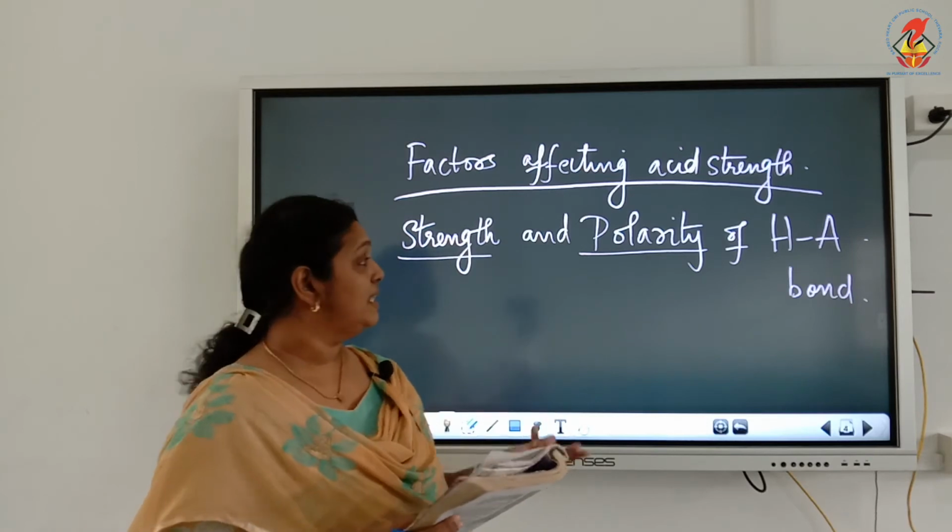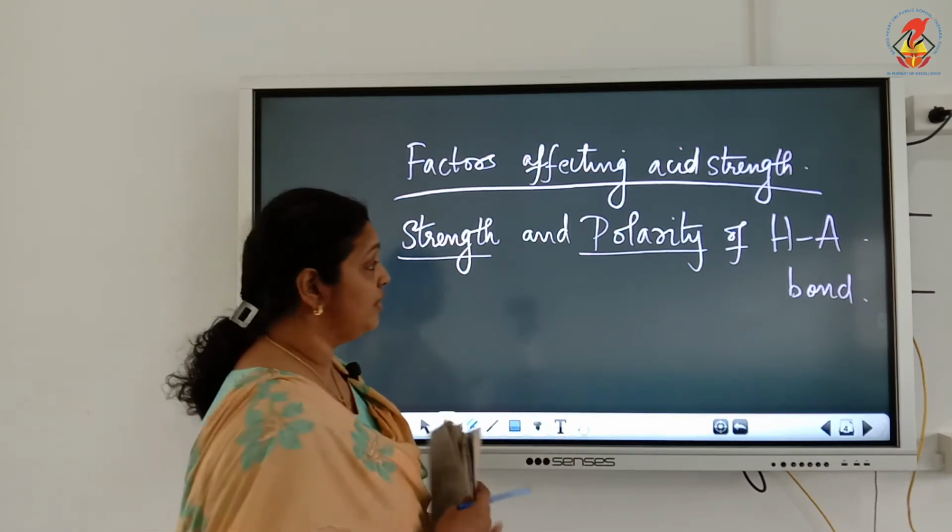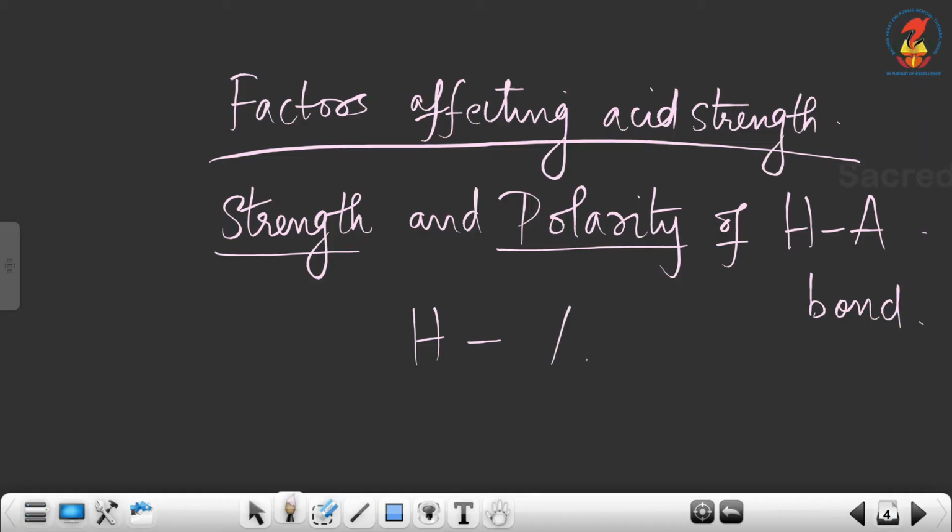Now, about the strength of the HA bond. When the HA bond strength is less, it's very easy to break the bond, which means that hydrogen can be easily removed as an H+ ion and the acid will be stronger.